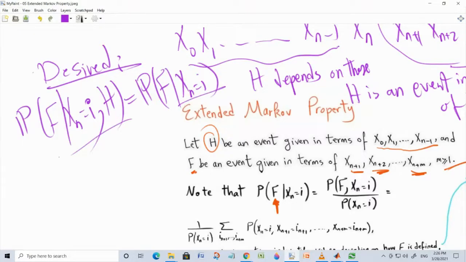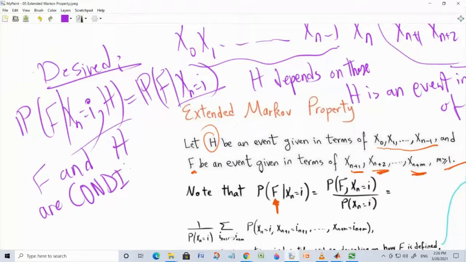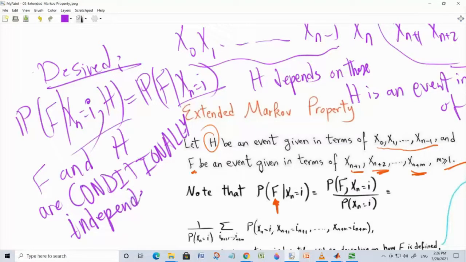So the future F and H are independent given x of n. They are not independent, but they are conditionally independent given x of n is equal to i.